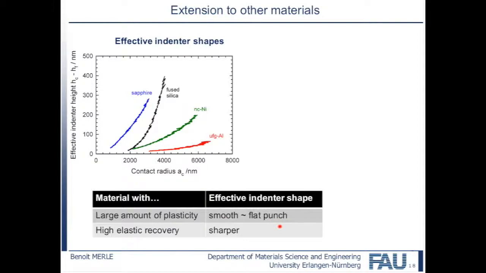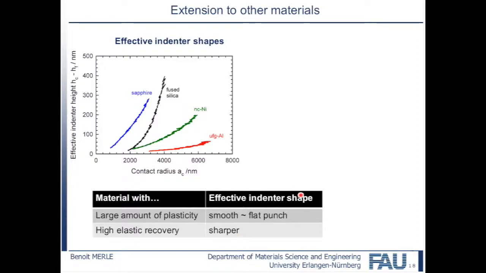For UFG aluminum, it's almost a flat punch. While for a material like sapphire or fused silica with a high elastic recovery, the shape of the effective indenter is sharper and a bit more like the shape of the real indenter.